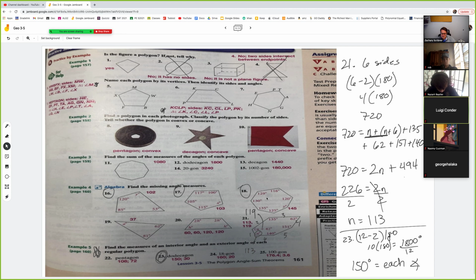Then the question is, the exterior angles. What are the exterior angles? Well, if the interior angle is 150, and together they make a straight line, I need to create a new page to show you.